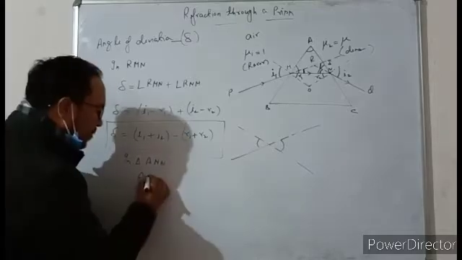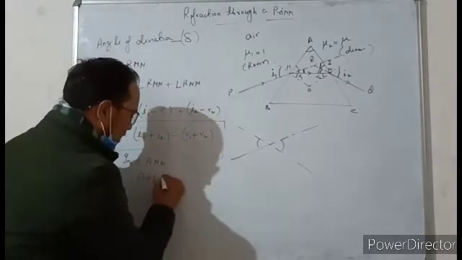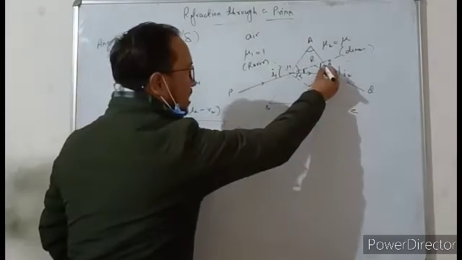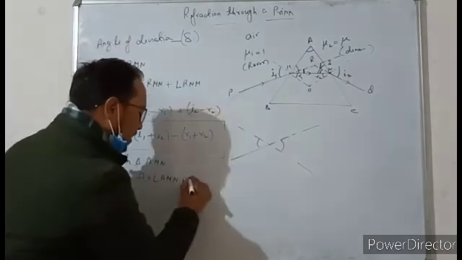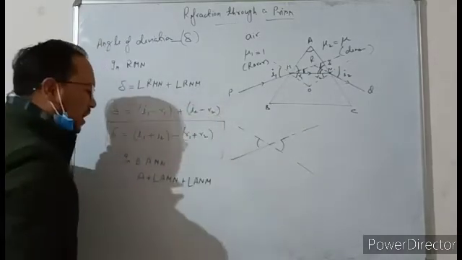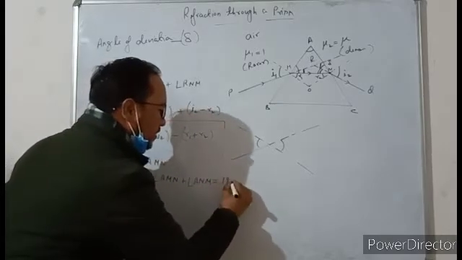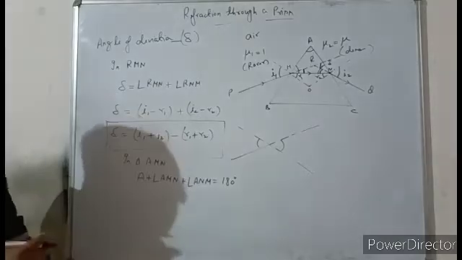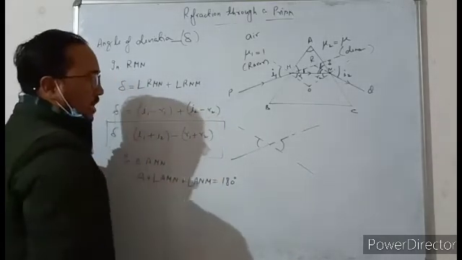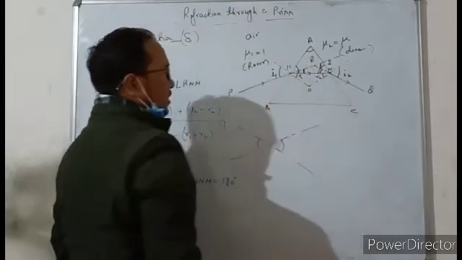So angle A plus angle AMN plus angle ANM, the sum of these three angles, should be equal to 180 degrees. This is the property of triangle. Now what is this angle AMN? Look carefully, students.